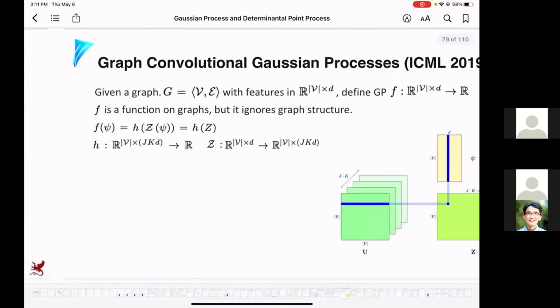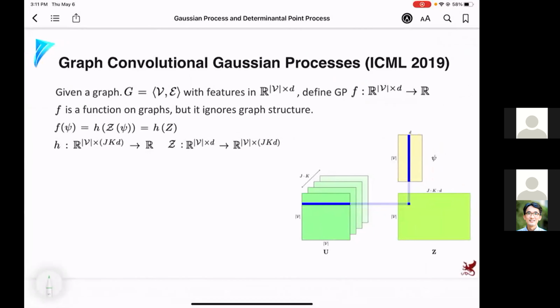I think the idea is actually pretty intuitive. For this paper, what they try to say is that I have a function that maps an input graph to a real number, and I want to break this function into two stages.